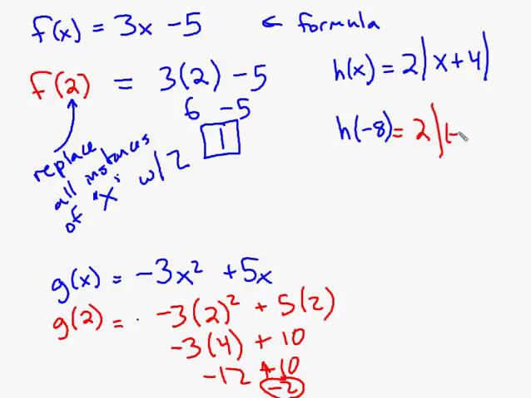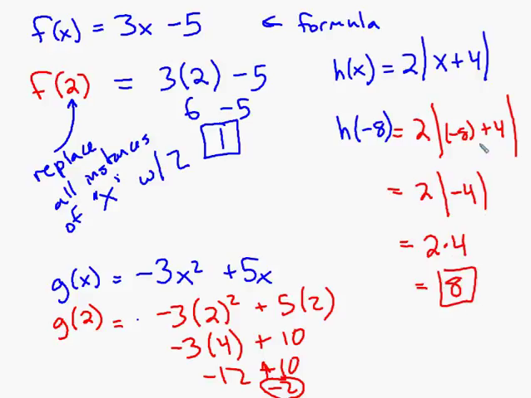So I have negative 8 plus 4 in absolute value. First of all, I have to do everything inside the absolute value. So what's negative 8 plus 4? Negative 4. And what's the absolute value of negative 4? 4. So I have 2 times 4, which is 8. You do everything inside that absolute value first.